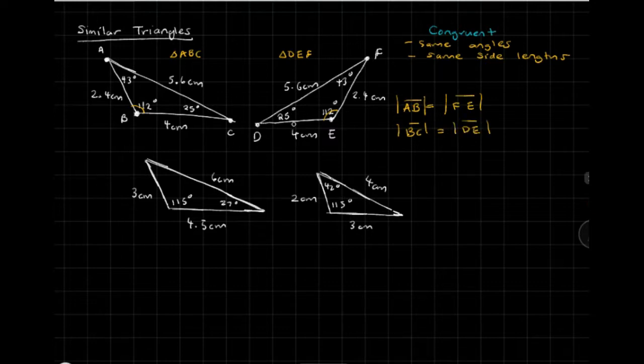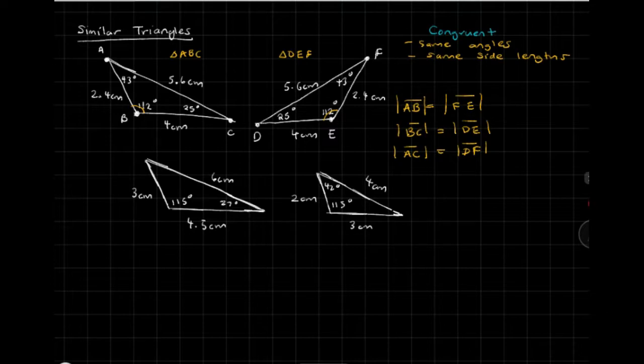Although the diagram here isn't drawn to scale, we're mainly just looking at the values that are given, right? So then we can compare the longest side, which looks like side length AC on triangle ABC, and this is equal to the longest side on triangle DEF, which is side length DF. Okay, so these two side lengths are the same. So all of these side lengths are the same.